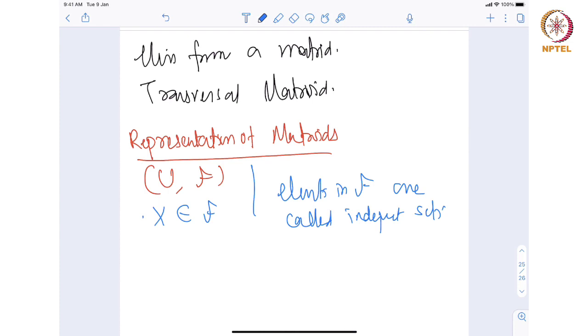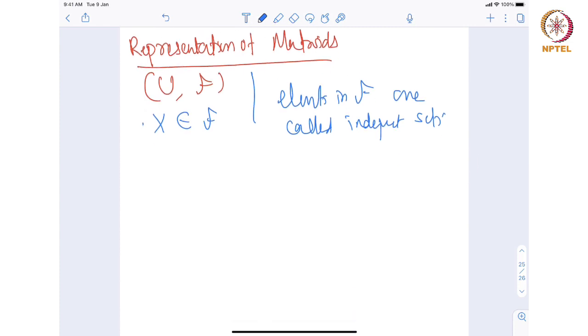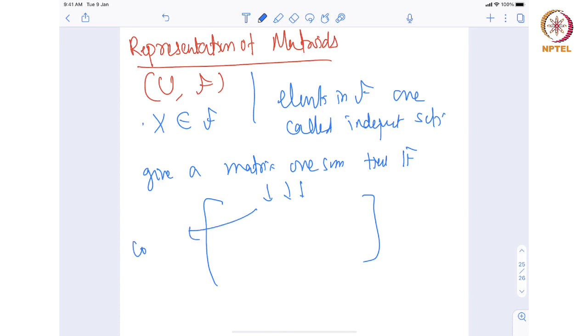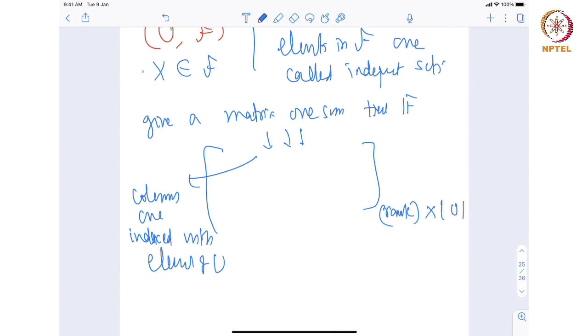Of course you could be given it explicitly, but one of the best ways to give this is to give a matrix over some field F. So you are given a matrix M where the columns are indexed with elements of U. Generally this matrix has size rank times U. And what is the property?